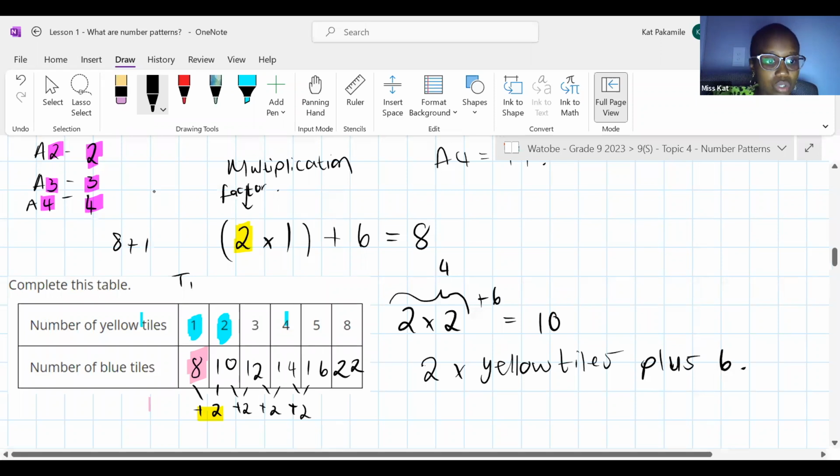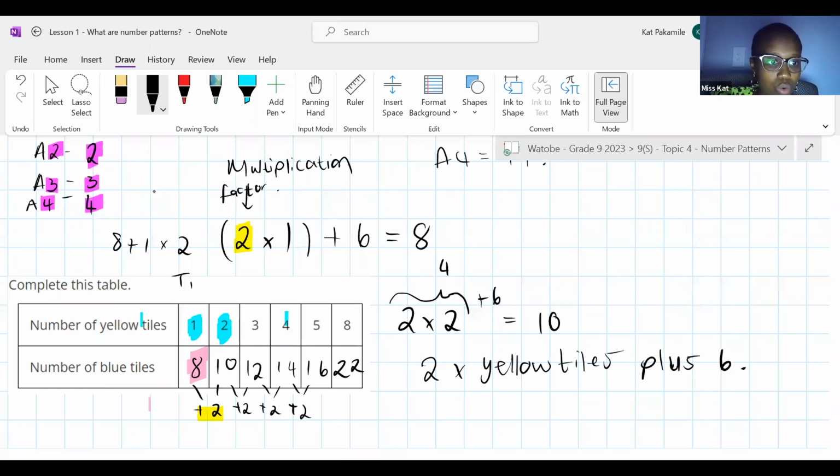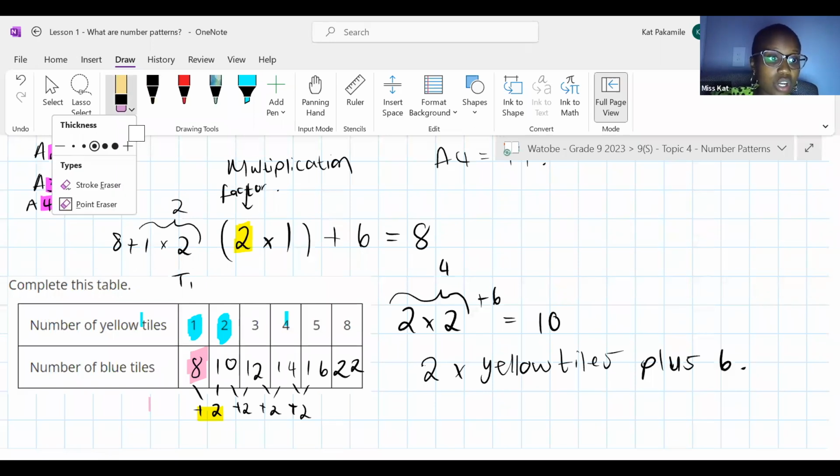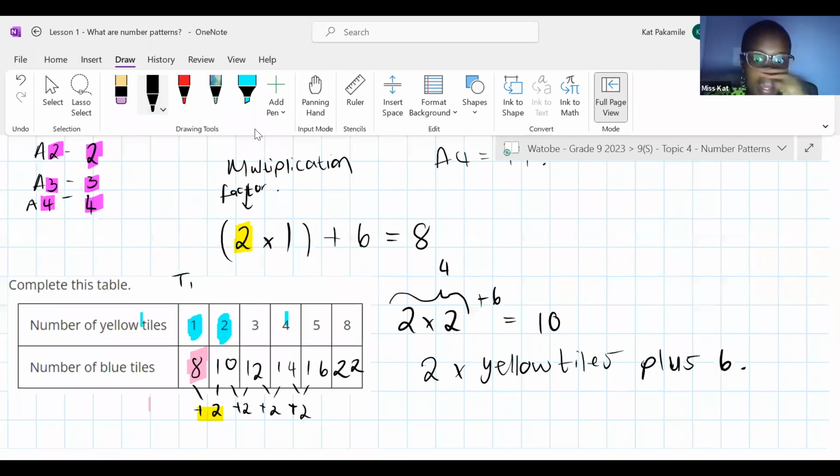Is that what you're saying? Yes. Okay, so let's try it with the first one. So remember BODMAS? What's 1 times 2? 2. Oh, you see? Oh, okay. Never mind. It's going to be a little bit off, but I'll show you how you do it.